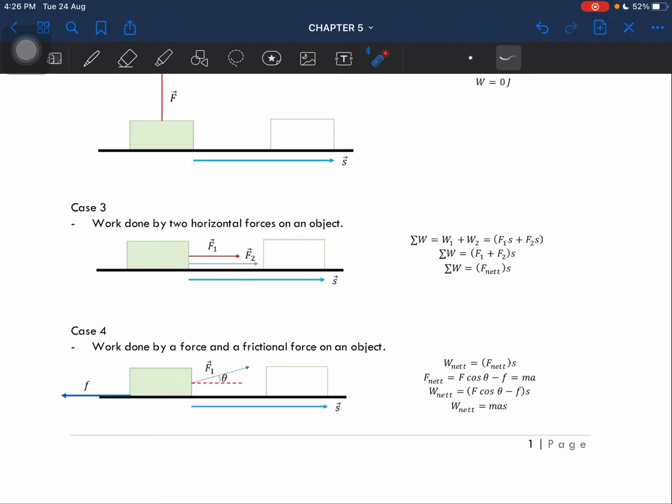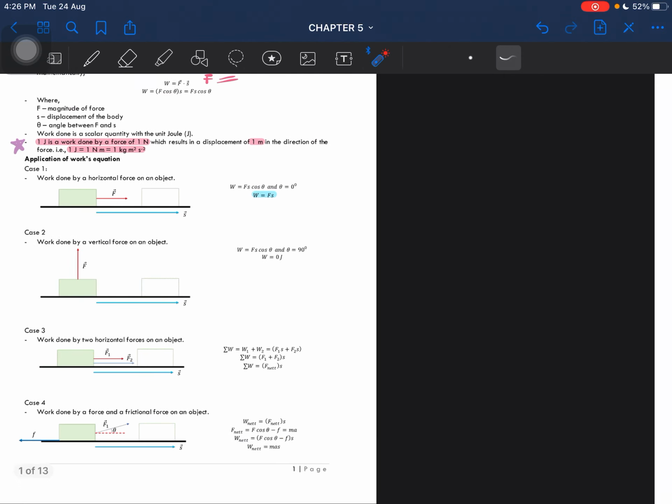You still have to consider the direction for the force and the frictional force. Although this work done is just a scalar quantity, you still have to consider the direction of the other components, which are vector quantities.